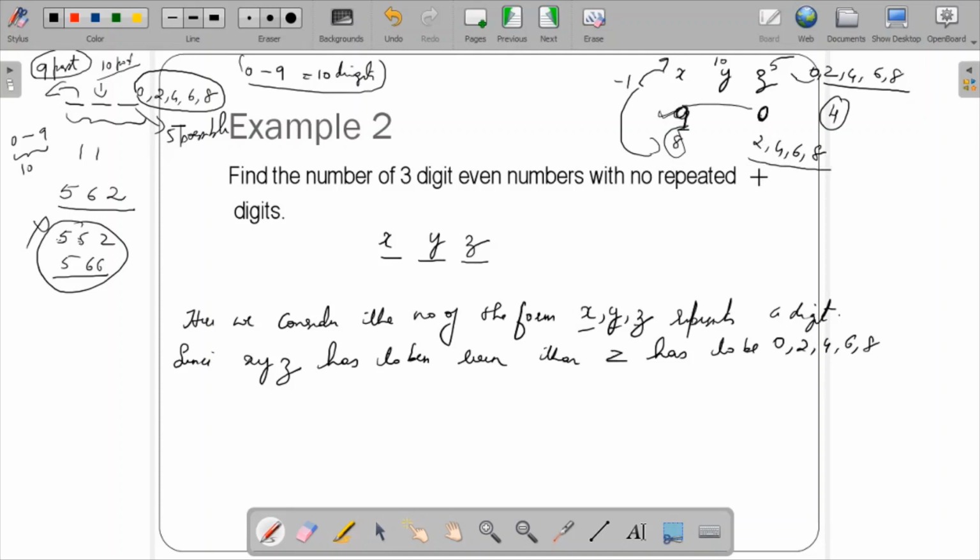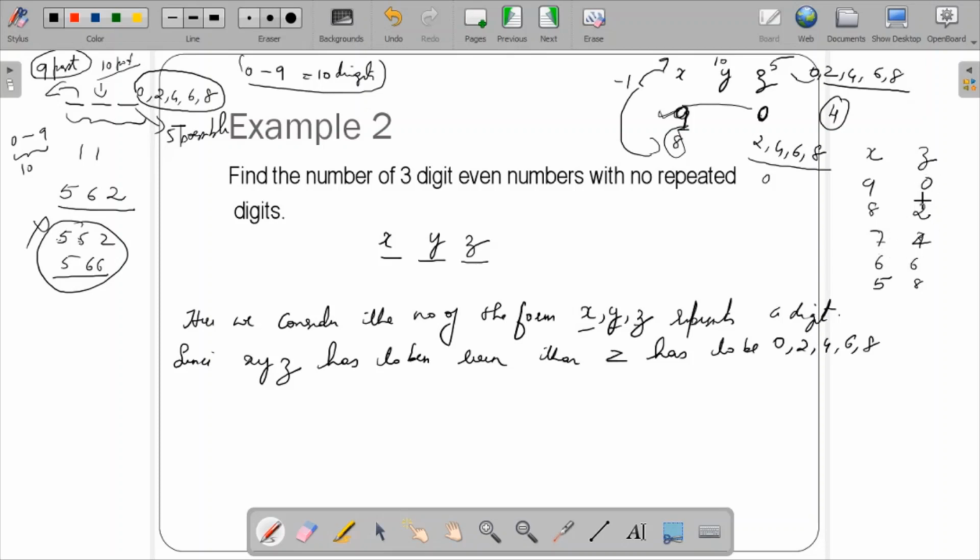Like if you want to see, when Z is 0, this has 9 possibilities. When this is 2, this has 8 possibilities. When this is 4, this has 7 possibilities. When this is 6, this has 6 possibilities. When this is 8, this has 5 possibilities. So these are the possibilities when this condition is there.